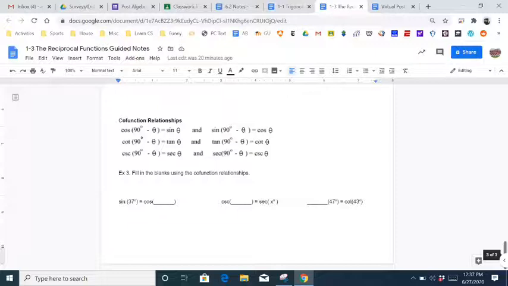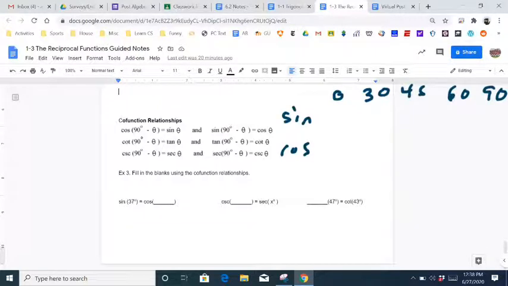If you think back to the table that we filled out, I'll quickly write that out. That's why we're able to fill out the second row as a reverse of the top row. If the sine of 0 is 0, then the cosine of 90 is also 0 because 0 and 90 are complementary. If the sine of 30 is 1/2, then the cosine of 60 is also 1/2 because 30 plus 60 equals 90.